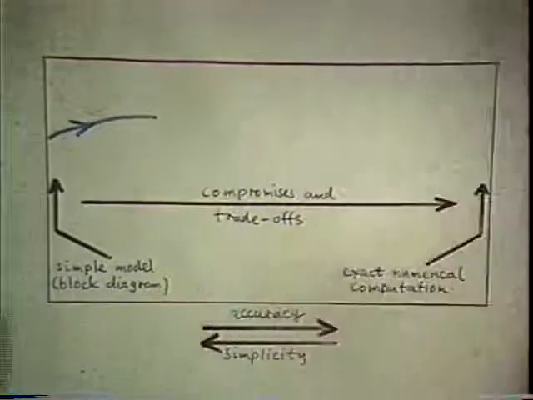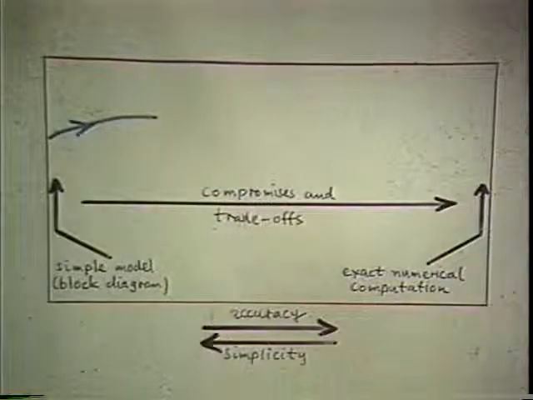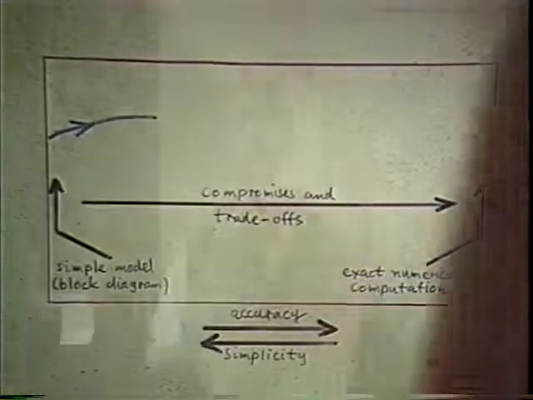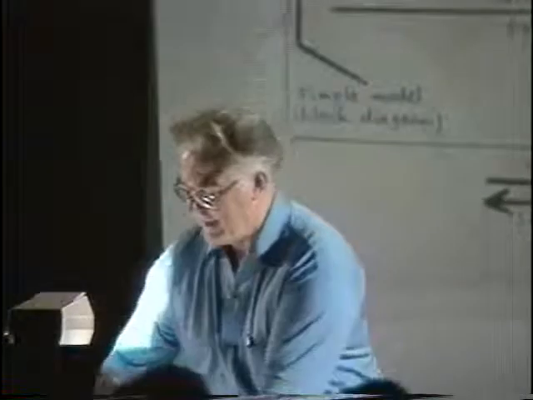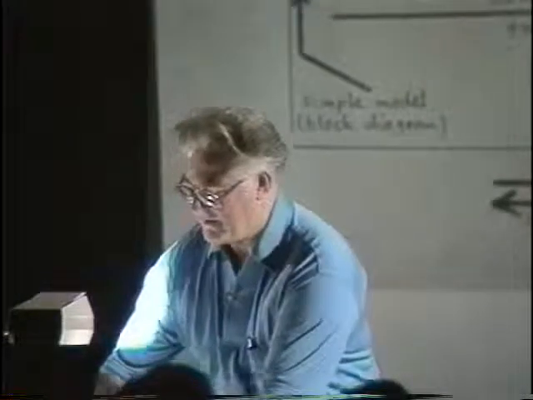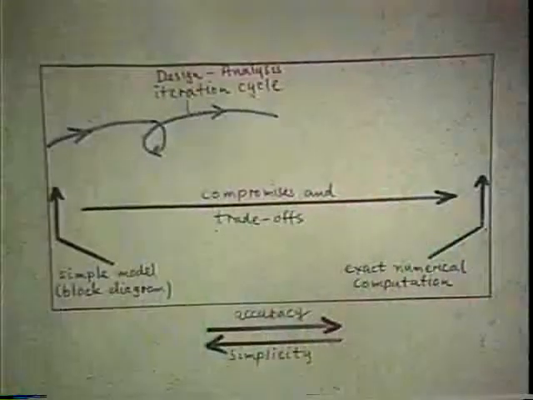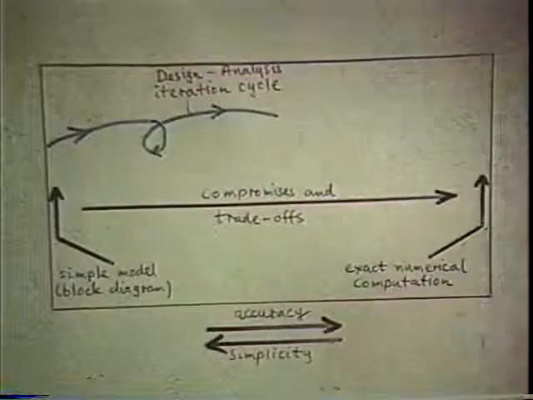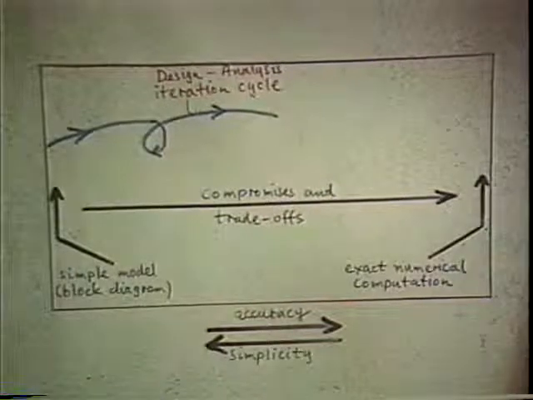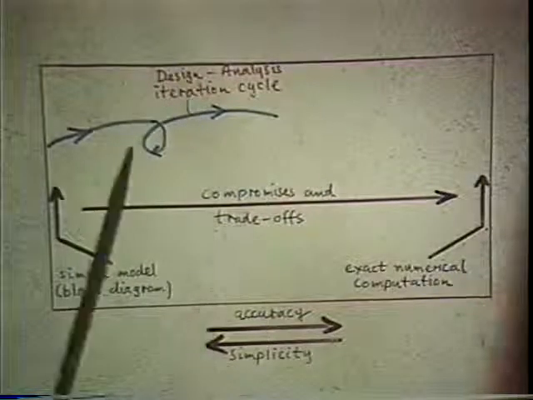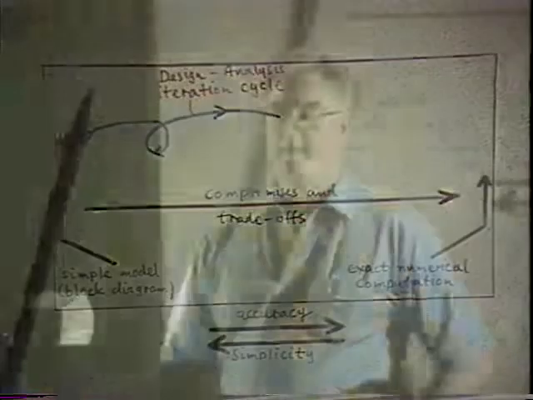And along the way, there are innumerable compromises and trade-offs. That's the name of the game, which I'll emphasize again shortly. The important feature of this picture is that there are going to be numerous iteration loops in the way of your progress from left to right. Because typically what happens as you start out, you make a large number of assumptions.